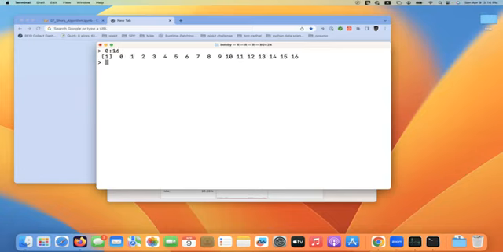And then we raise the number 13 to 0 to 16.